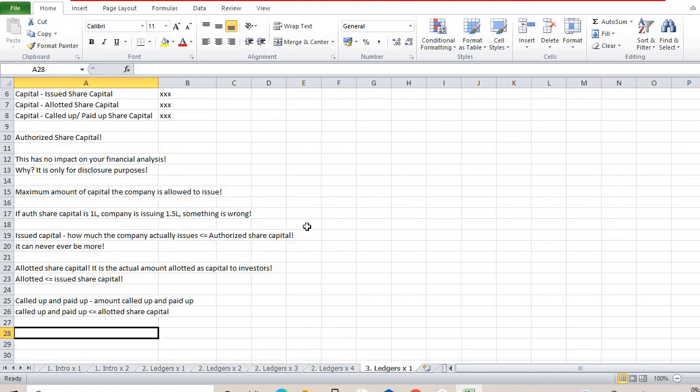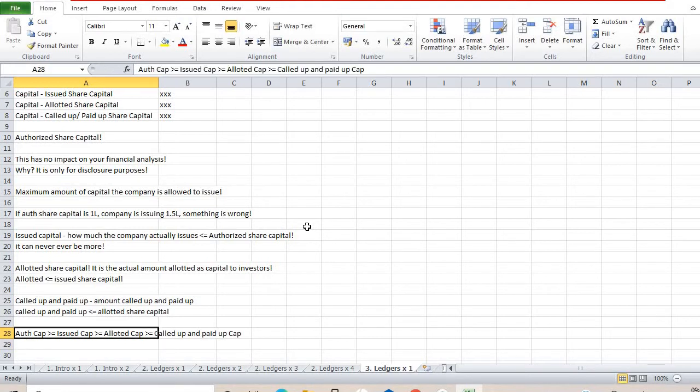Okay, so if I put it all in a line, I would probably say your authorized capital, I'm going to call it auth cap, should be greater than or equal to issued cap, which should be greater than or equal to allotted cap, which should be greater than or equal to called up and paid up cap.